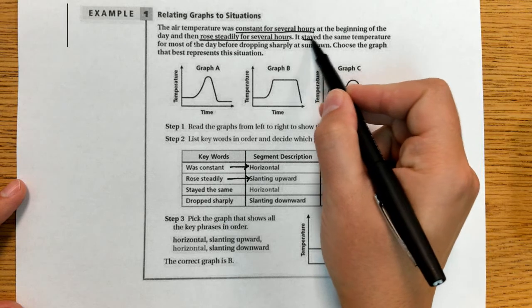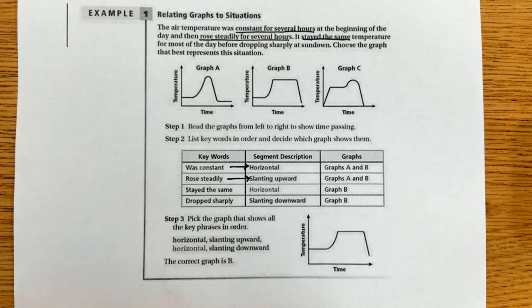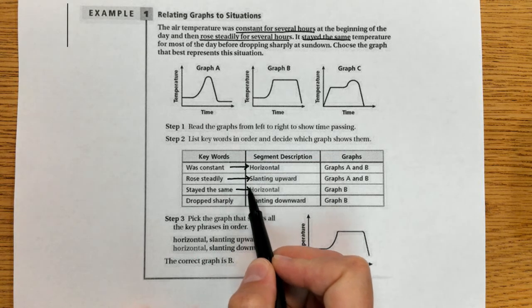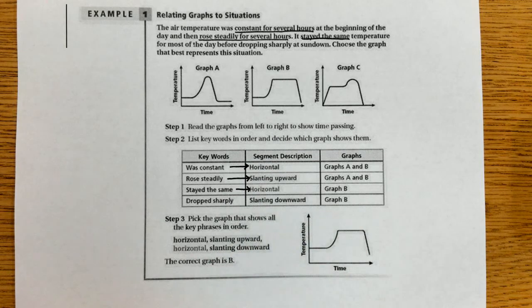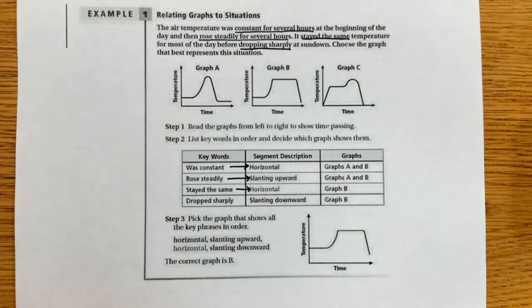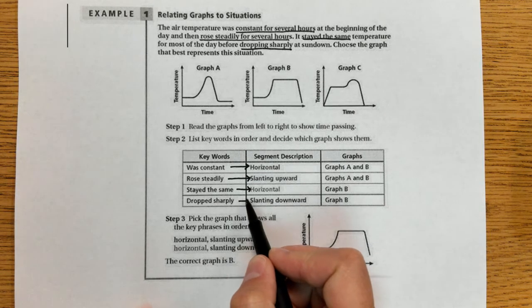So stayed the same is our next keyword. So staying the same, again, same thing as constant, so that's going to be horizontal. Then it dropped sharply at sundown. So then we're going to have a quick decrease or slant downwards.